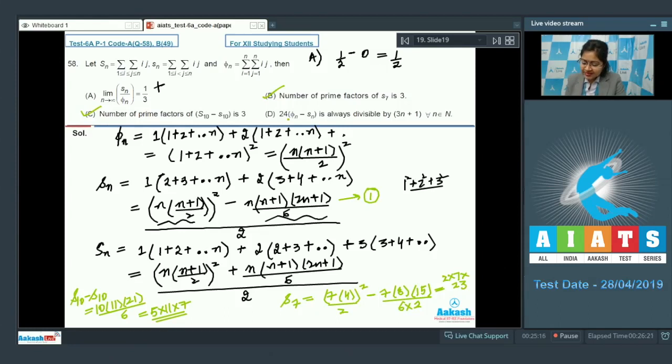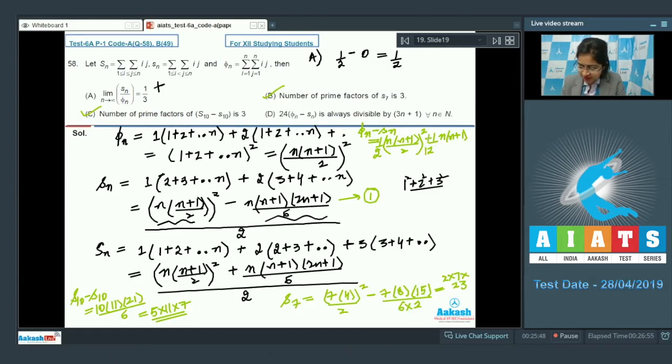Now, option number D says that 24 times phi n minus Sn is always divisible by 3n plus 1. Now, the value of phi n minus Sn will be equal to n into n plus 1 by 2 whole square into 1 by 2 plus 1 by 2 into n into n plus 1 into 2n plus 1 upon 6.